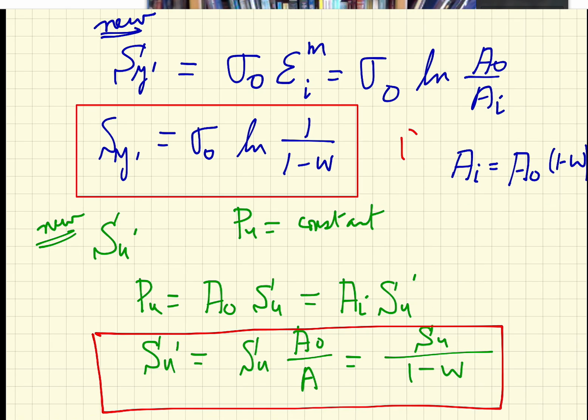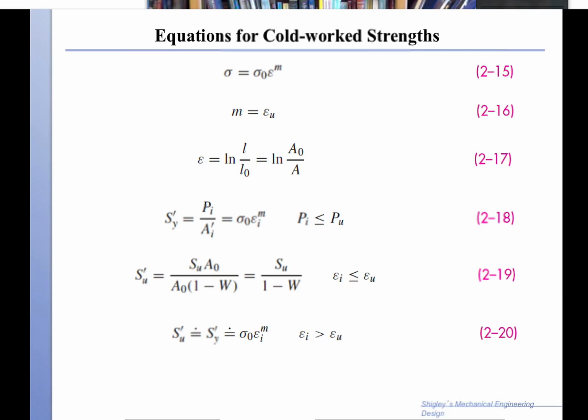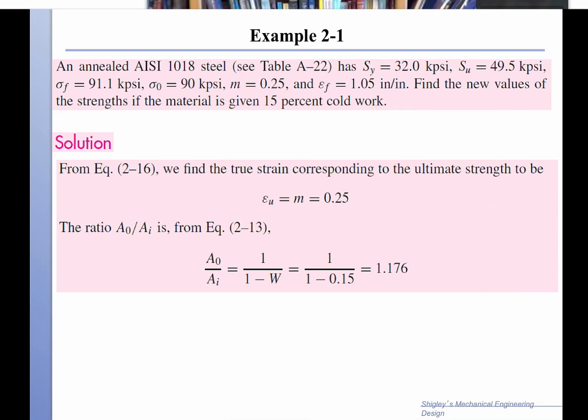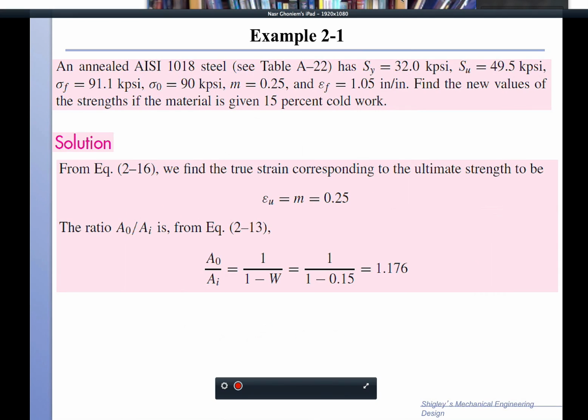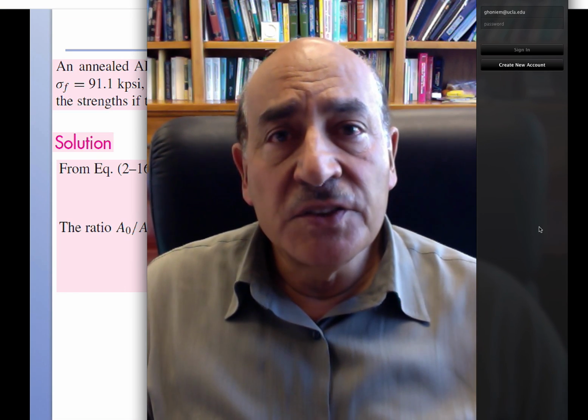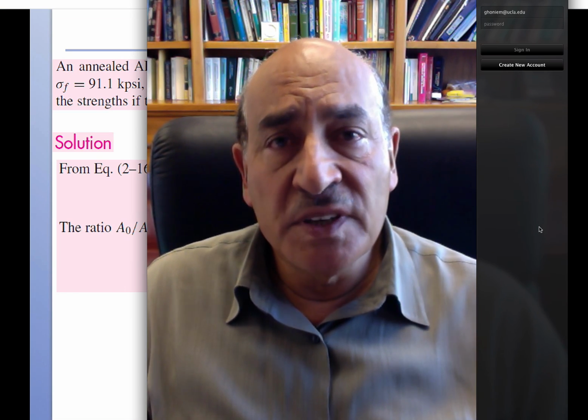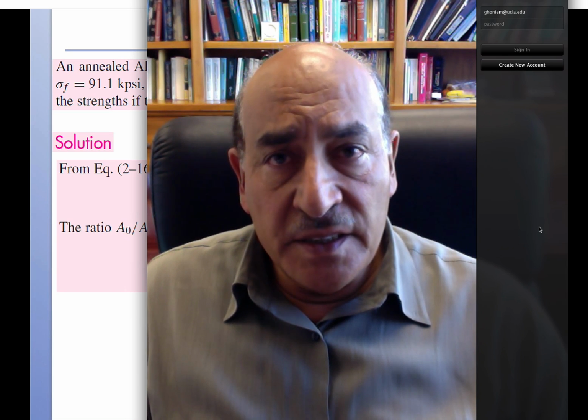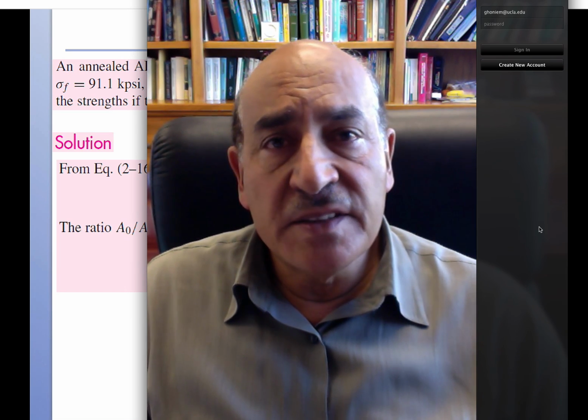So I have expression 1 for the yield, expression 2 for the ultimate strength of the material. So let's now take an example, and this example here will illustrate how we use these two expressions in determining the influence of the cold work on the yield strength and the ultimate strength of the material.